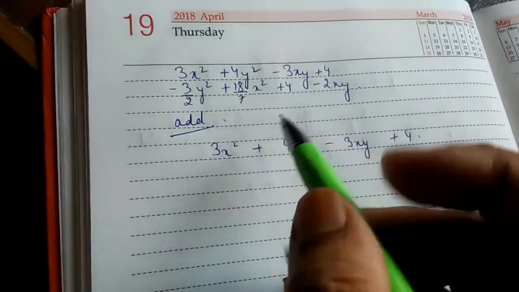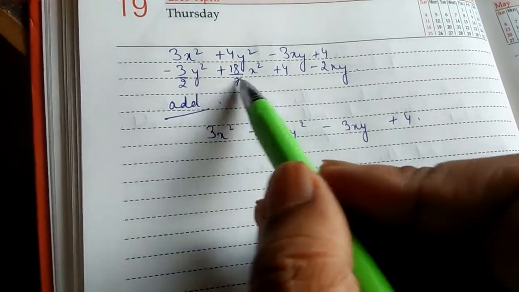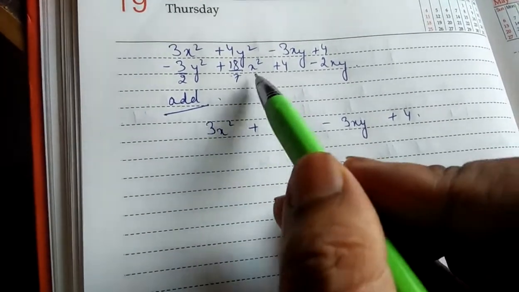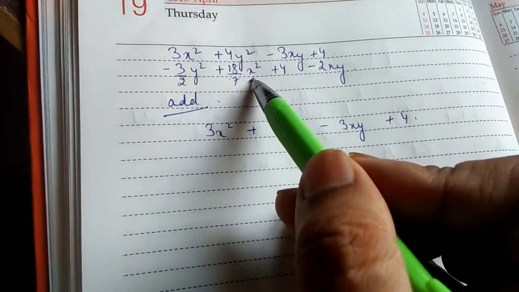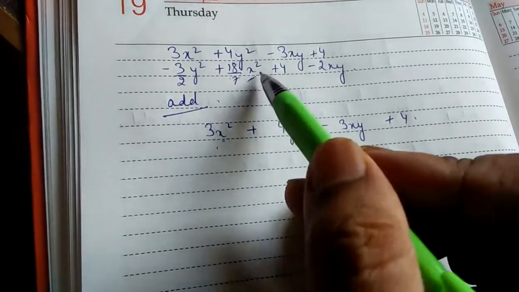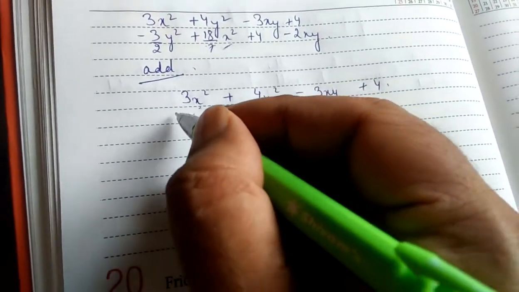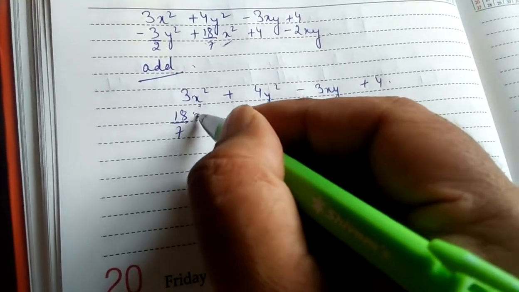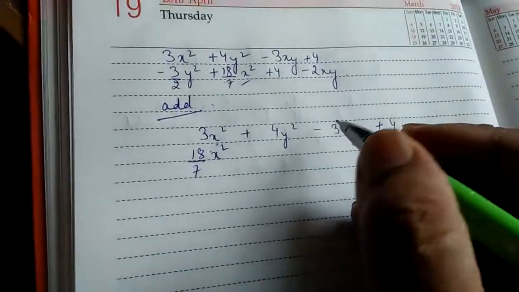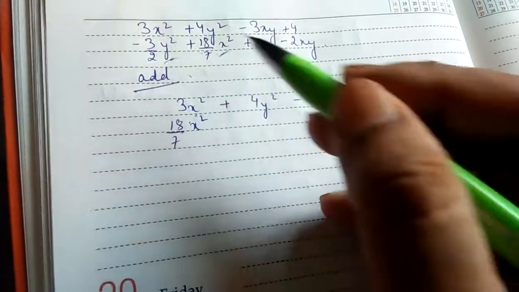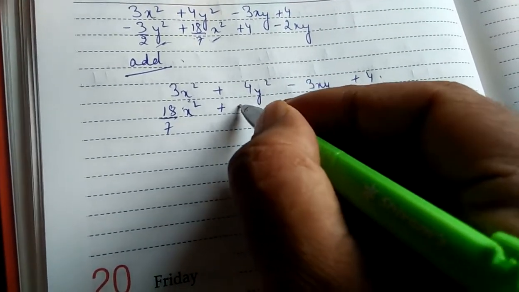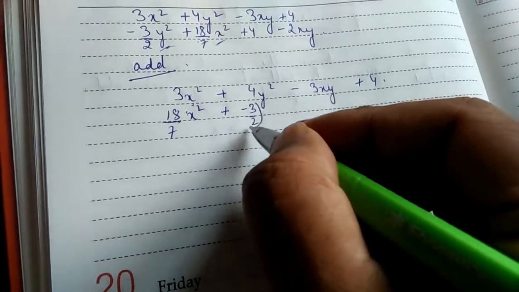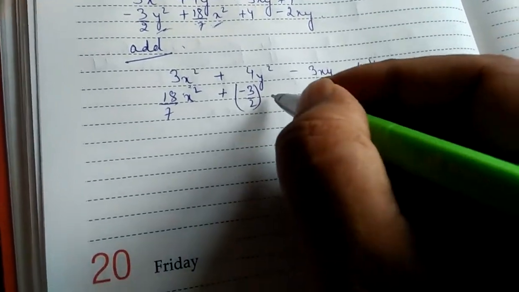Now in order to add it, club the like terms together. So x square and x square form like terms, so 18 by 7 x square. Now y square are like terms, so plus minus 3 by 2, which is in bracket, y square.